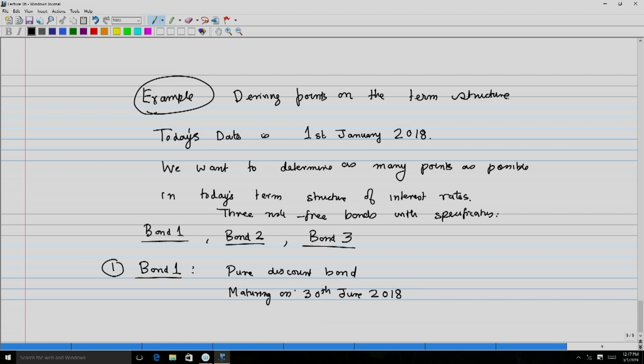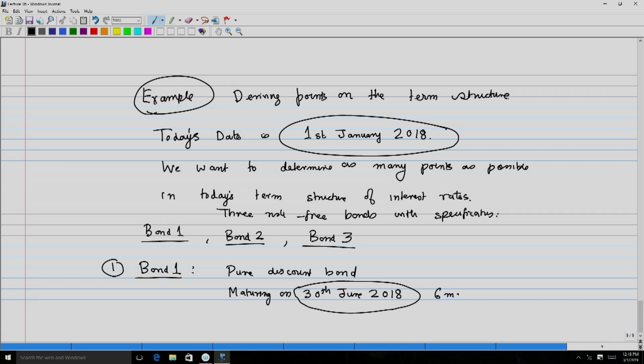So, remember I had taken today's date as 1st January 2018 and bond 1 is maturing on 30th June 2018. So, that means that this is a 6 month pure discount bond. And thirdly, the price of the bond today, which is 1st January 2018, is 98.